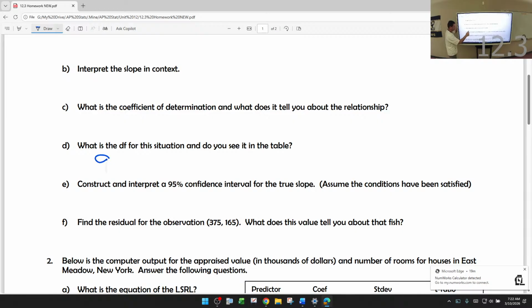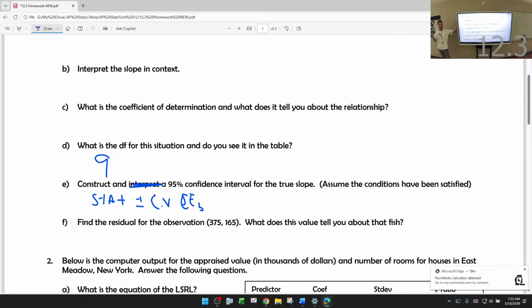Okay? And then you need to know how to not necessarily interpret, I hope you know how to interpret a confidence interval by now, but how to construct one for the least squares regression line, right? And you know it's the statistic plus or minus the critical value times the standard error of the statistic, okay?